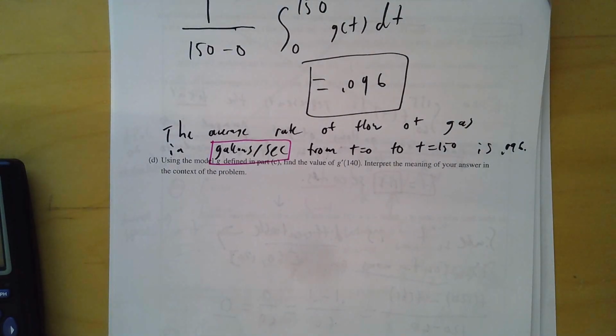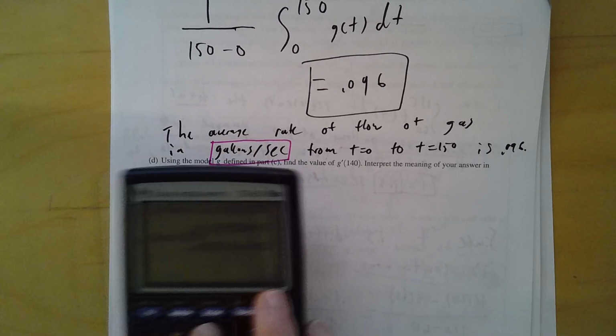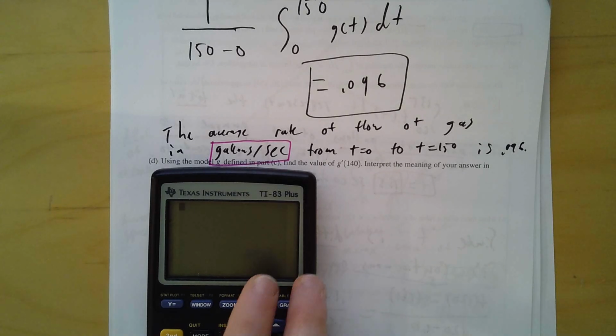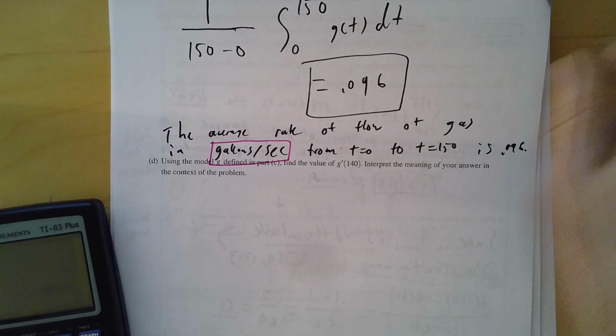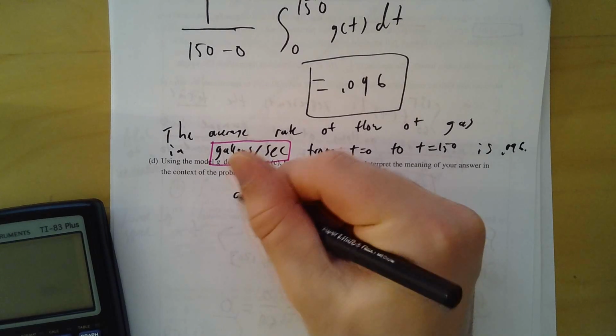Using the model G defined in C to find the value of G prime 140. Okay, so in this, you can see how this is kind of a gimme point. This is just take the derivative, right? So on the calculator, I'll do the setup first. All I have to say is G prime 140, nothing else besides that.